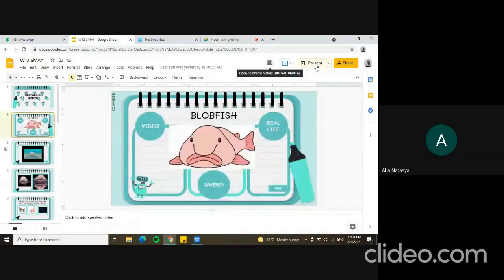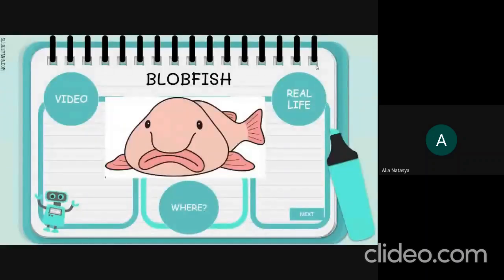Okay, so by presenting this slide to pupils, pupils will be able to learn more about blockfish because the teacher is going to provide information about blockfish. So pupils can choose which one they would like to see first: the real life blockfish, where blockfish live, and the video on blockfish.